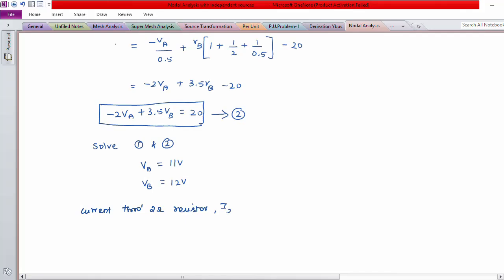I 2 ohm equal to VB by 2. We know that the node voltage at B is 12 volt, so I 2 ohm equal to 12 divided by 2. So the current through the 2 ohm resistor is 6 amps.